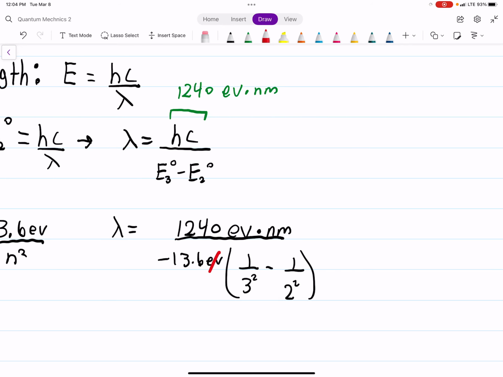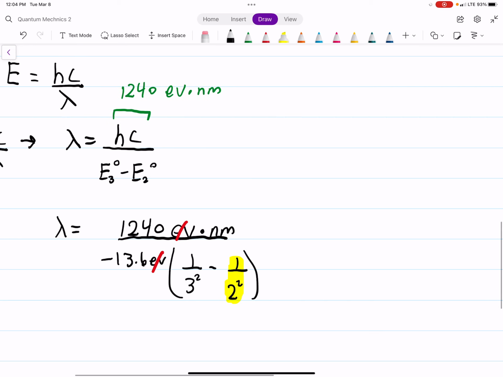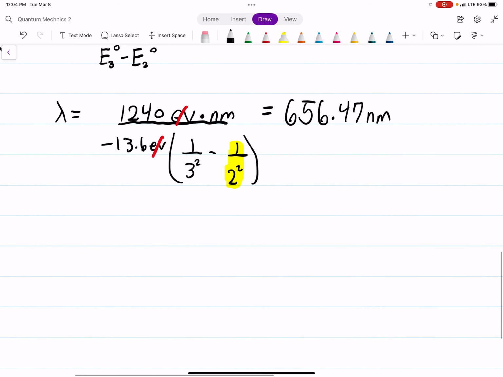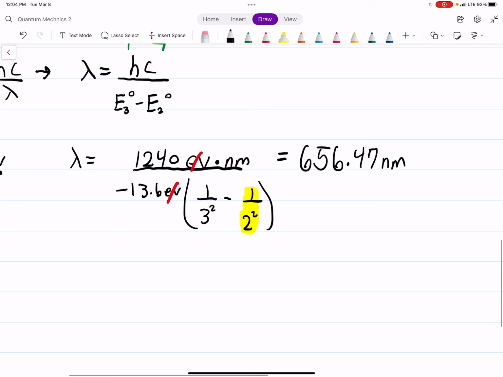The electron volts will cancel, we'll get nanometers, and this number is going to be bigger than the other, so that means the negative sign will go away. And when you plug this in, you should get about 656.47 nanometers. So that's the wavelength. That was the first thing they asked for.